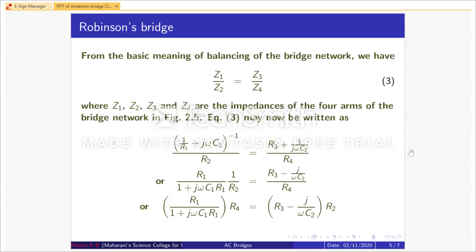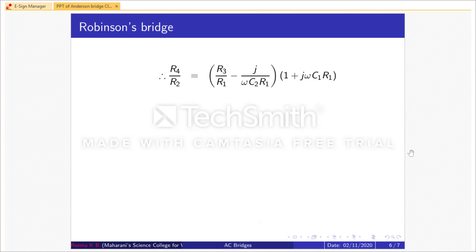Or this can be rewritten as shown. Therefore, R4 by R2 is equal to (R3 by R1 minus j by omega C2 R1) times (1 plus j omega C1 into R1).